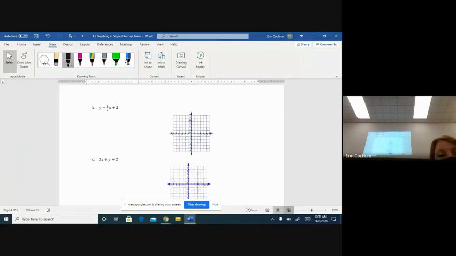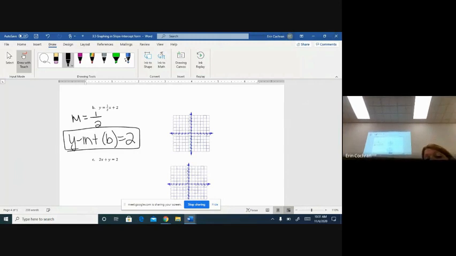All right, so what did you guys say my slope was in this one? 1/2. And what's my y-intercept? 2. Okay, so where am I going to graph first? The 2, and that goes on what axis again? The y. So on my y, I put a point at 2. Now, my slope, rise over run. My rise is a positive, right?